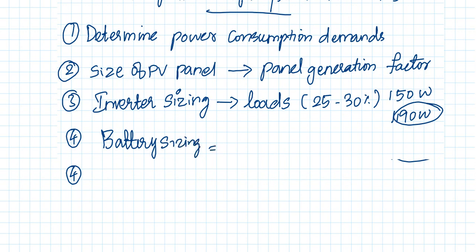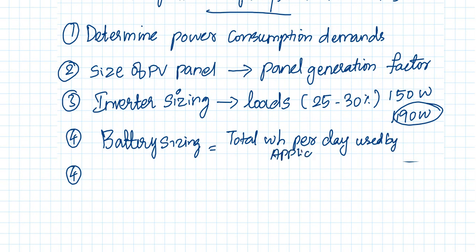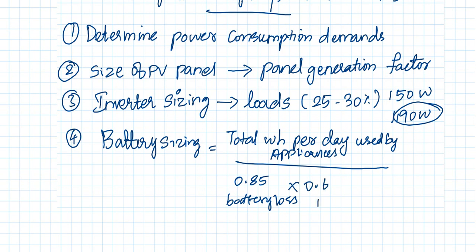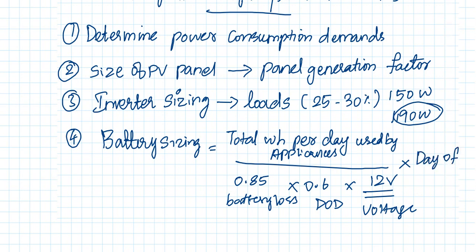There is a simple formula we are using: the total watt hour per day used by appliances, divided by 0.85, which is the battery loss, into 0.6, which is the depth of discharge, into 12 volt, which is the voltage of the battery, into days of autonomy.